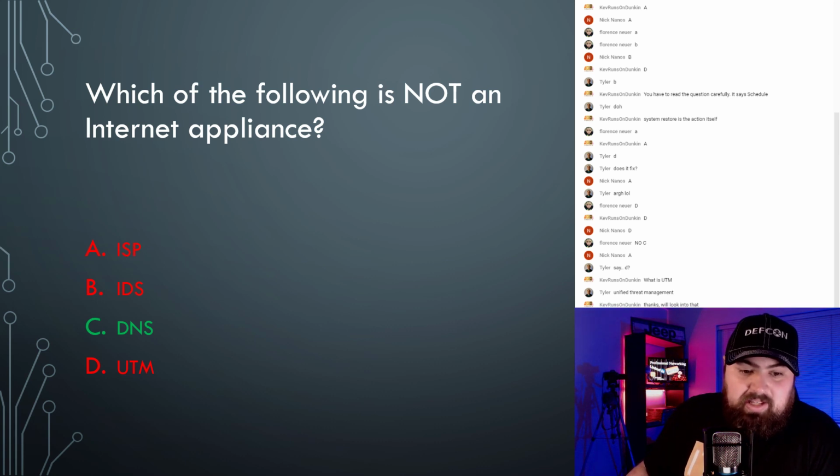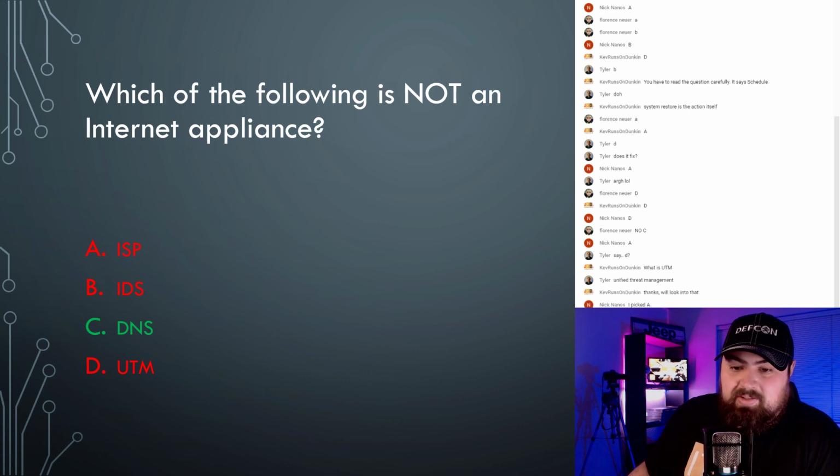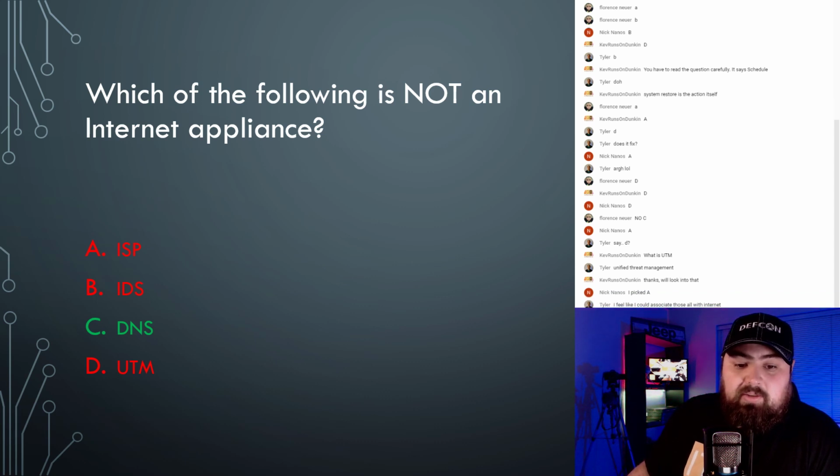IPS stands for Intrusion Prevention System, which is an internet appliance that sits inline on the network while performing many of the same duties as an IDS. And an IPS also prevents the offending traffic instead of just detecting it.